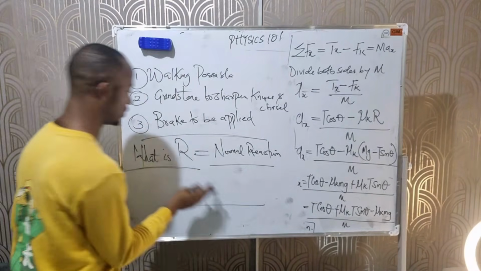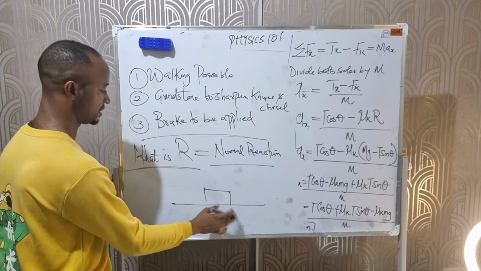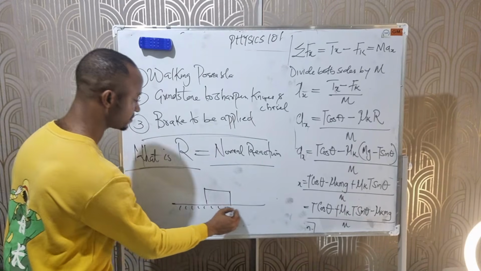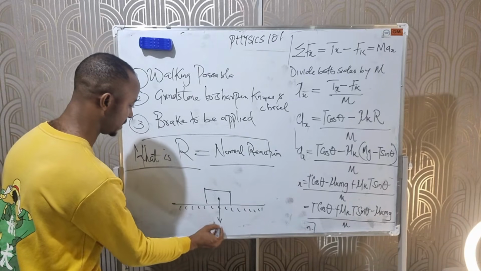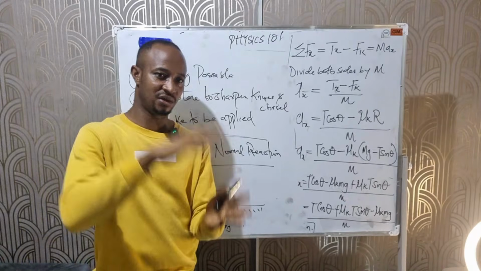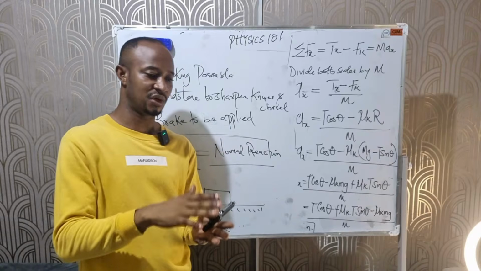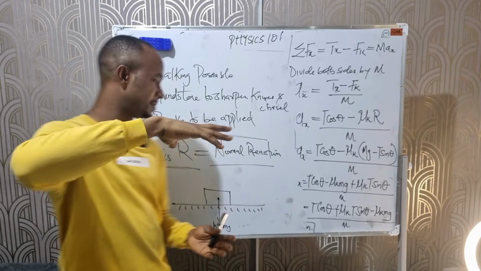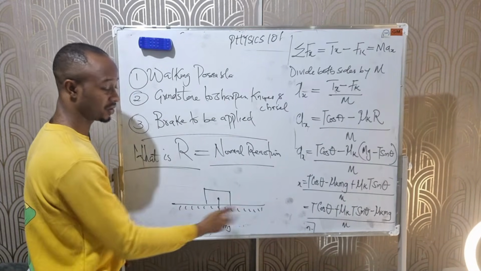We talked about the normal force or normal reaction, that if I have a body kept on a rough surface, the weight of this body is always acting downward. Like let's say you are sitting on a bench, you are imposing a force on the surface of the bench.